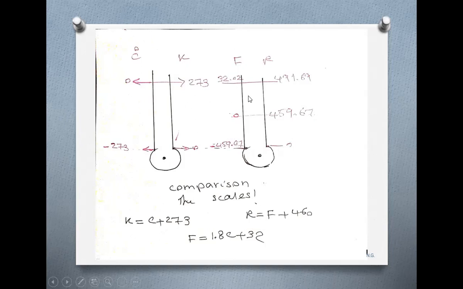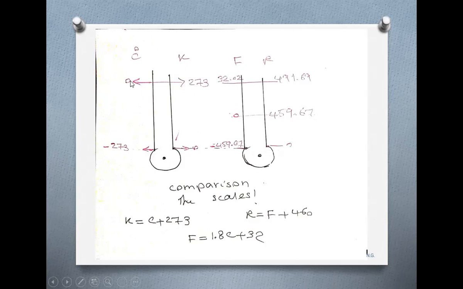Now we want to compare these two. What does 0 centigrade correspond to? We know the conversion between Fahrenheit and centigrade: Fahrenheit is 1.8 times centigrade plus 32. At 0 centigrade, that is equal to 32 Fahrenheit.